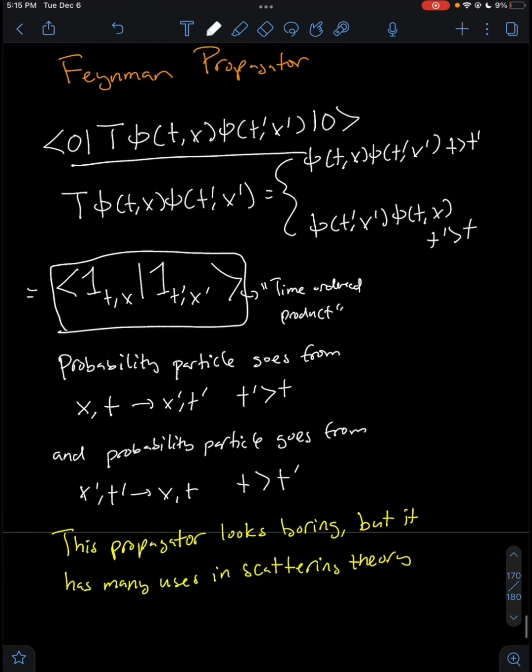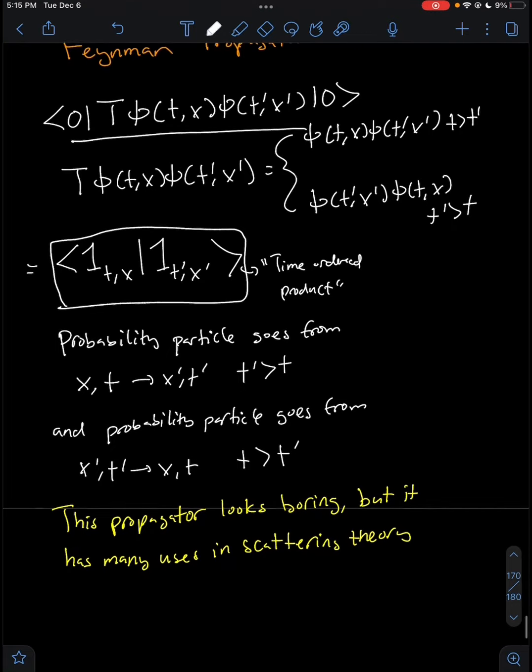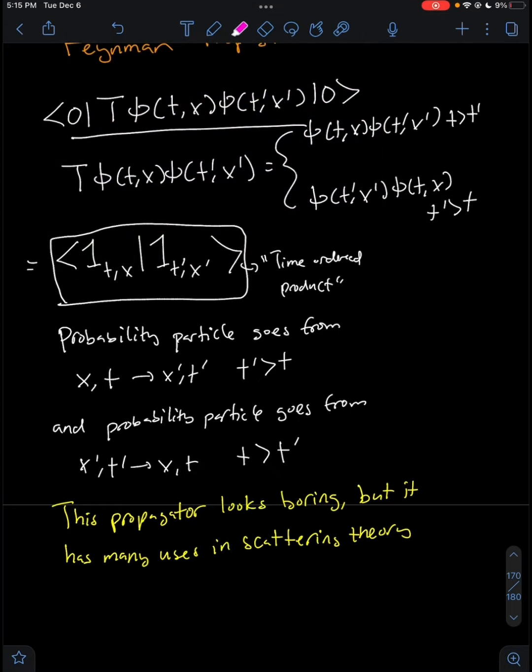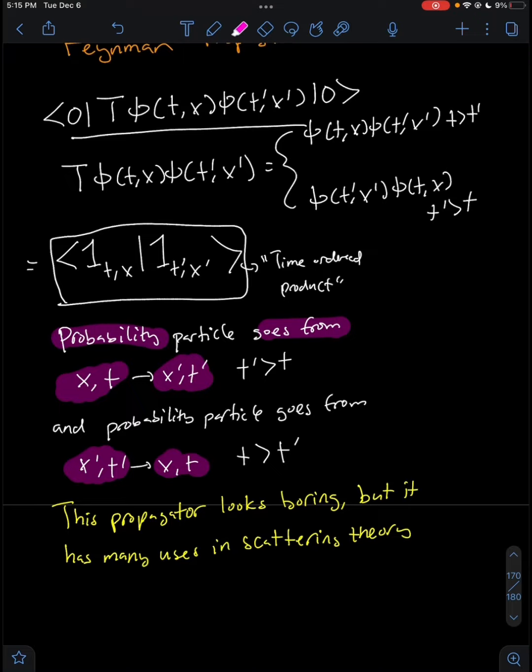So the physical meaning, this is important, the meaning of the Feynman propagator, basically, is that it tells us the probability that a particle goes from x t to x prime t prime if t prime is greater than t, and the probability that the particle goes from x prime t prime to x t if t is greater than t prime. Now this, again, might seem like a very odd thing, like who cares?